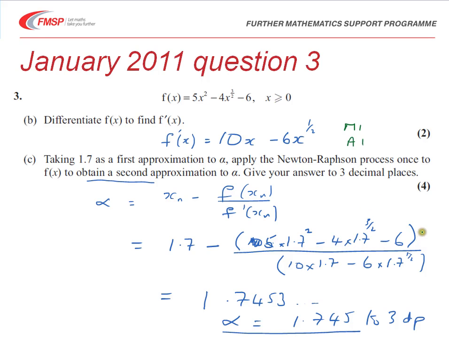So there are B marks for doing the calculations here. If you've not done them and written them out as I've done in a calculation, then don't worry. You will pick up the marks by a method mark and an accuracy mark here.